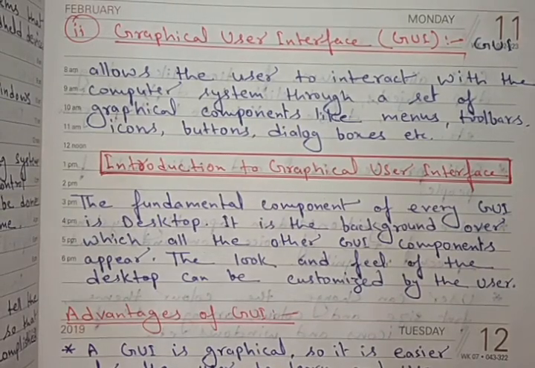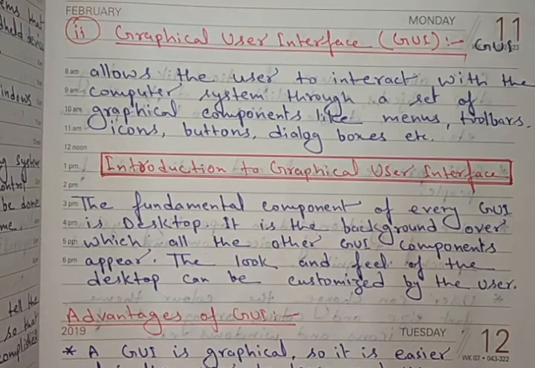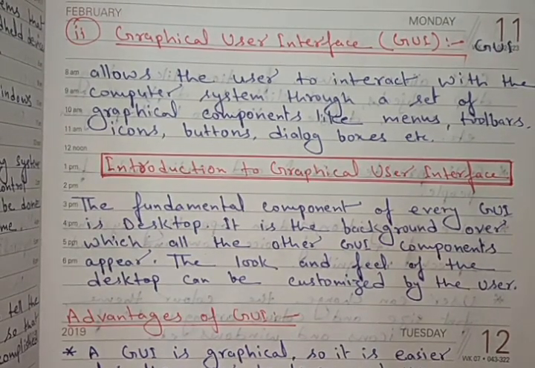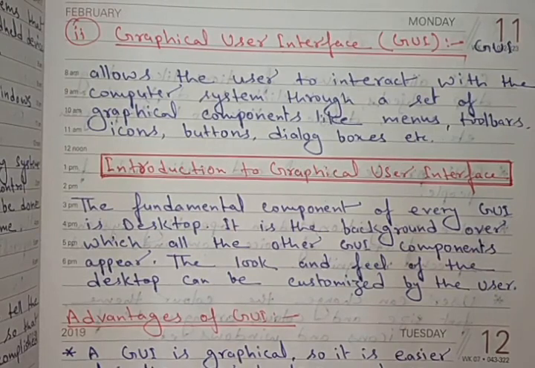Next one, the graphical user interface. Graphical user interface allows the user to interact with the computer system through a set of graphical components like menus, toolbars, icons, buttons, windows, and dialog boxes, etc. Nowadays, most operating systems come with a graphical user interface. So let's discuss the advantages and some features of the graphical user interface.